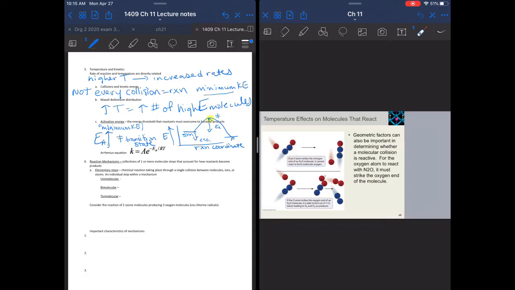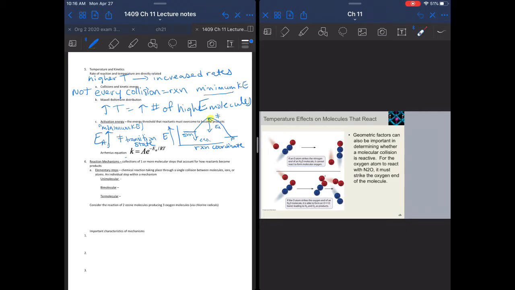Well, the new bond that forms is going to be an OO bond. And so if that oxygen hits the nitrogen side, it just bounces away. You don't get that reaction. But if it hits the oxygen, it forms a bond. So there's several things that are required for a successful reaction, right? Geometry and energy are both really important.